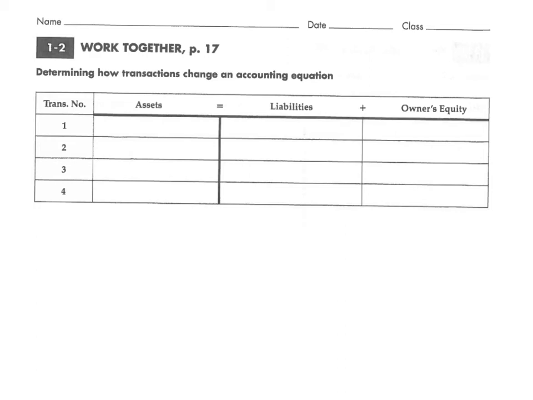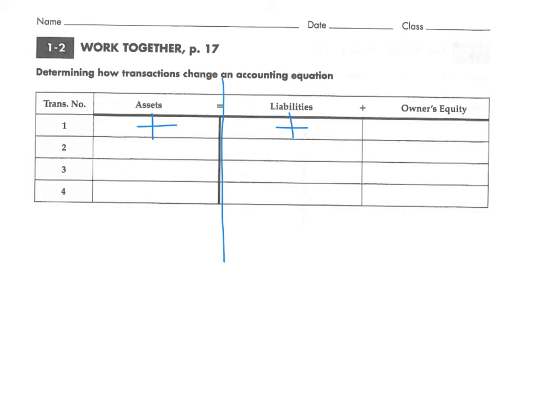So if we bought supplies on account, I know that my supplies would be increasing, which is an asset. So my assets would increase. And my liability would increase as well because I charged them on account.